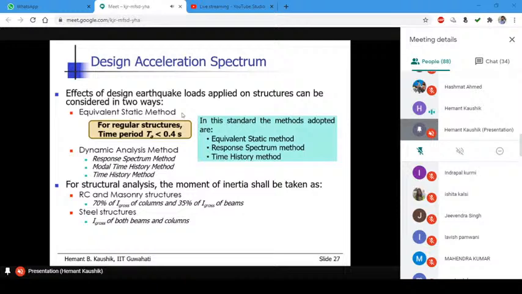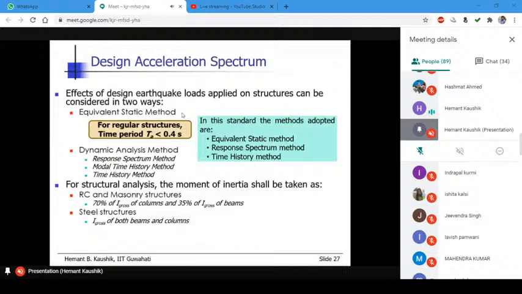So the effect of the design earthquake loads we can consider using two methods. So first is the equivalent static method. The code says that for regular structures that have a natural period of vibration of less than 0.4 seconds, let us say, you can use it. These are very simple regular structures. But the dynamic analysis method is actually recommended for any irregular structure, for all structures, even with natural period less than 0.4 seconds, even if there is some irregularity.